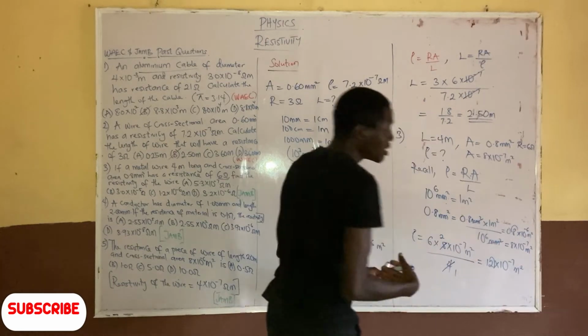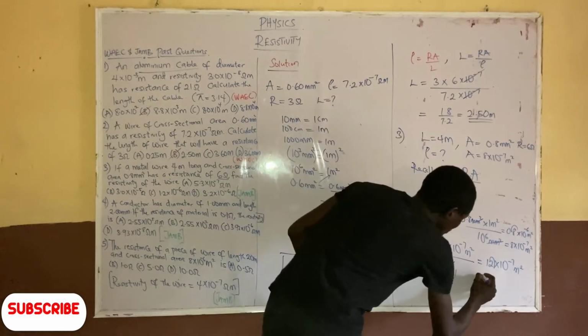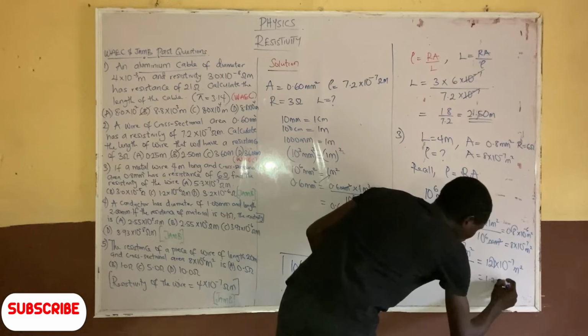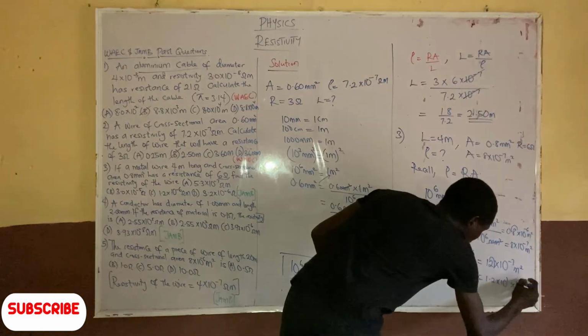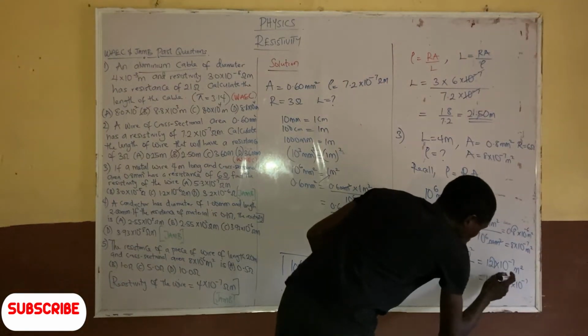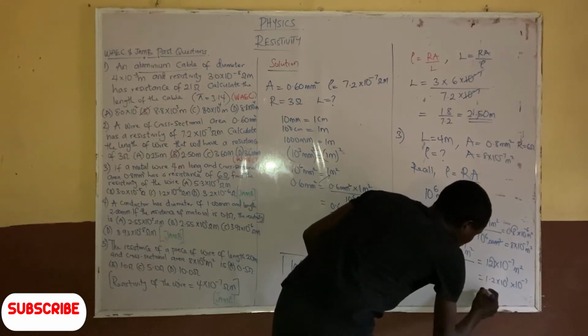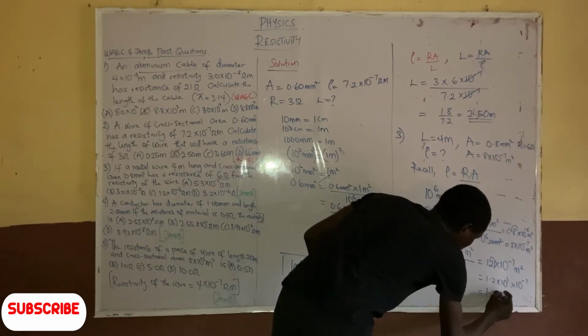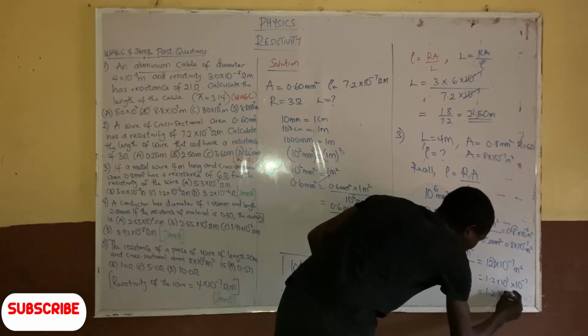Since it's moving left, that is plus 1. So we have 1.2 times 10 to the power 1 times 10 to the power minus 7. Same base, so 1 plus minus 7 gives 1.2 times 10 to the power minus 6.